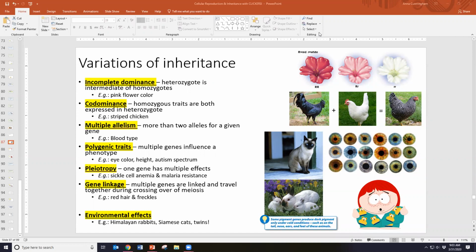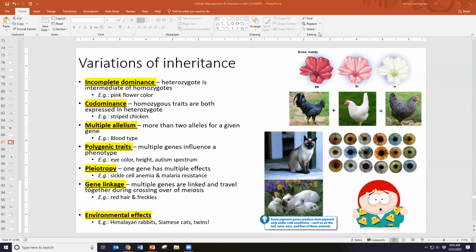We talked about codominance, which is shown in the chickens, where there's no recessive necessarily, and both alleles are dominant. So in the heterozygote, both would be expressed. That's the black chicken and the white chicken, and then the heterozygote has both black and white feathers.